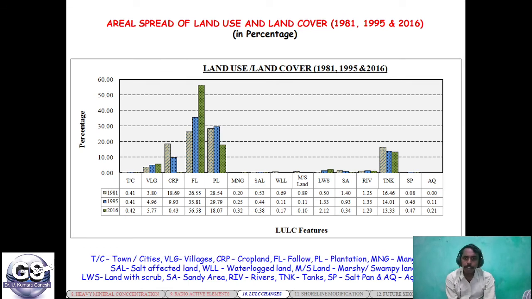This chart displays the percentage of land use land cover features in the study area for all three periods. From that, we notice that particularly in 2016, the fallow land tremendously increased to nearly 55% of the study area.